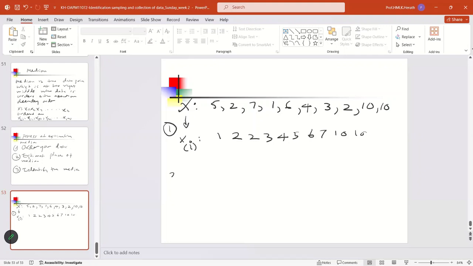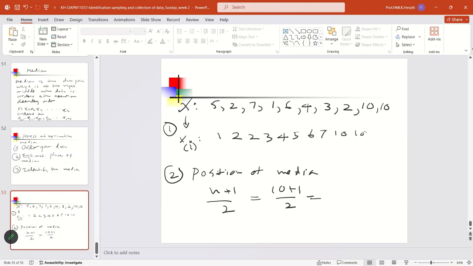Step 2: we find the position of the median. That equals n plus 1 divided by 2. In this case, n is 10, plus 1, divided by 2, is 5.5.